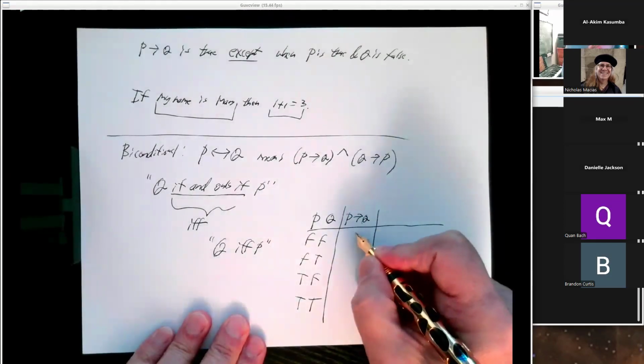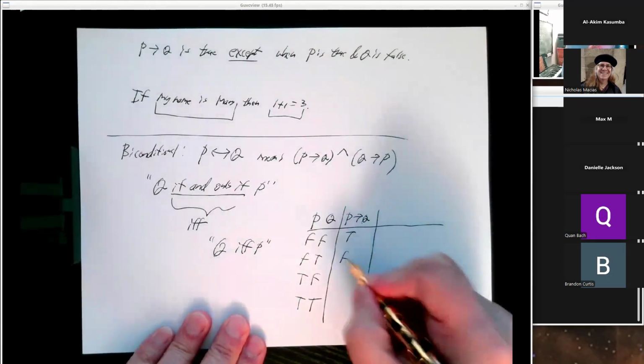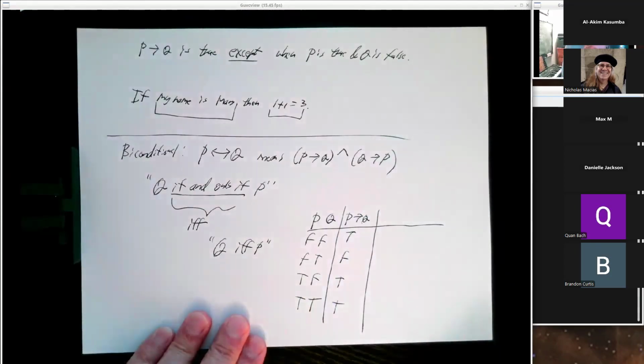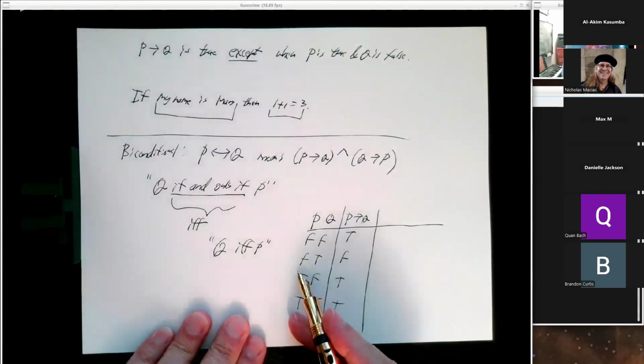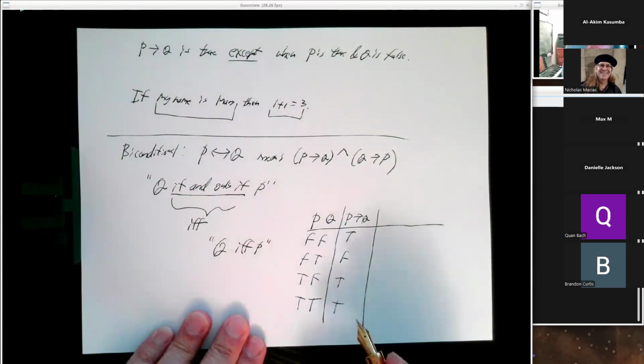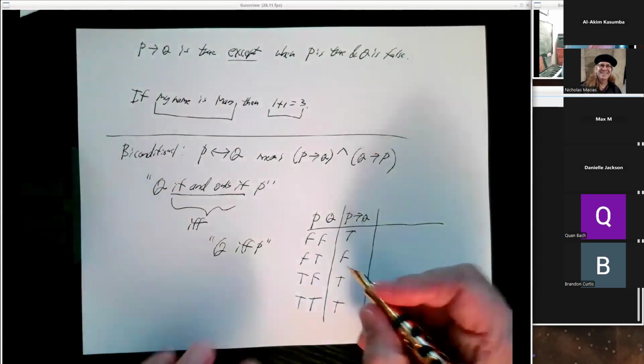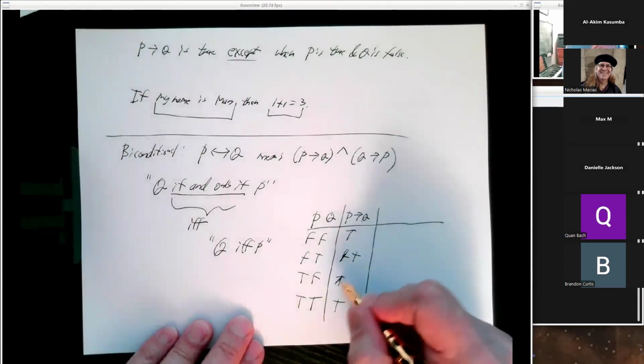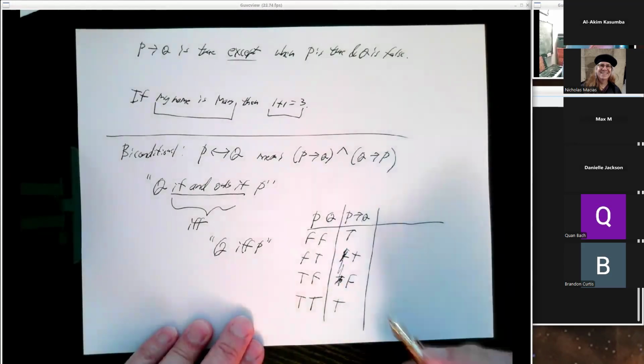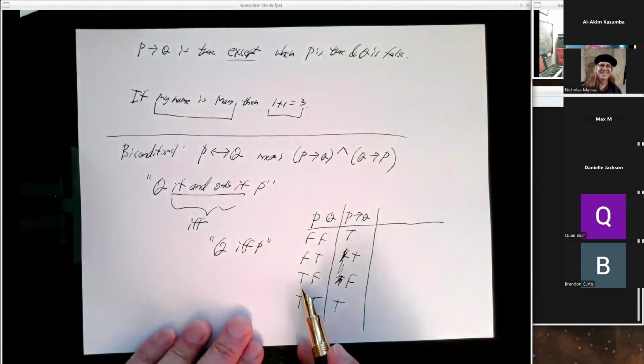So if P then Q, remember, is true in all cases except where the hypothesis is true and the conclusion is false.